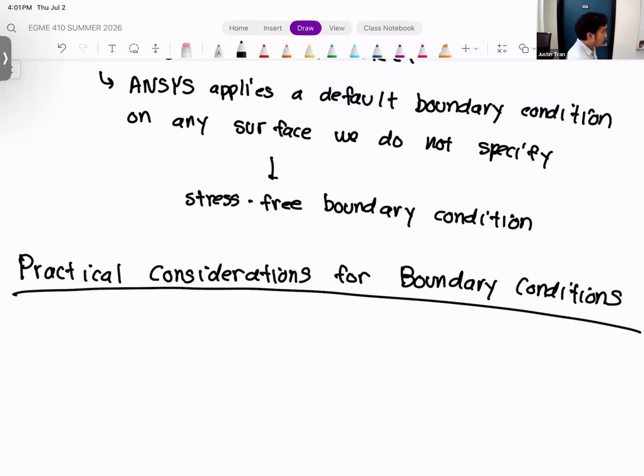Okay. So the first practical consideration actually goes back to the point I just made about loads, right? The boundary conditions that you specify, and this goes for the constraint type and load types, have to be as physically consistent with your underlying physical situation as much as possible.